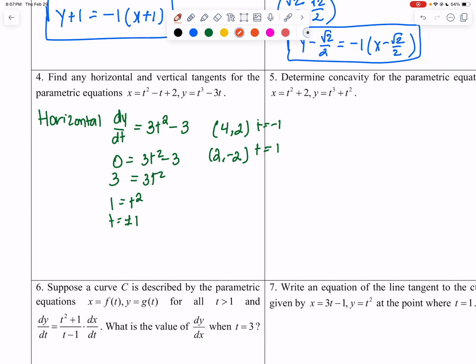You're going to do the same thing for vertical. So that is when dx/dt is equal to 0. So that's 2t minus 1 is equal to 0. t is equal to 1/2. And then for time's sake, I'm just going to tell you that if t is 1/2, then my rectangular coordinate is going to be (7/4, -11/8).